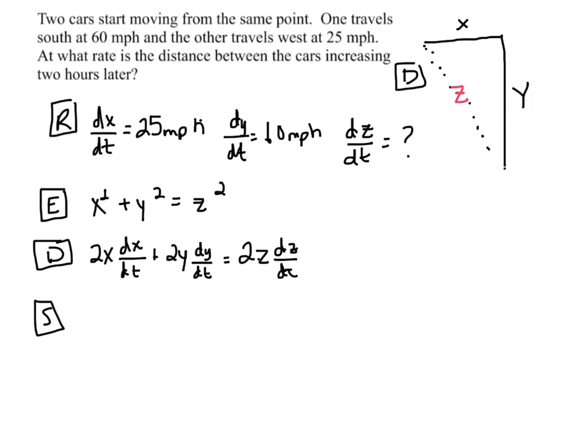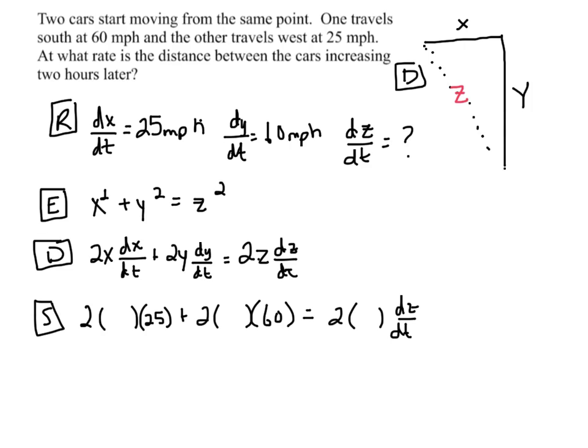Now, I don't know what x and y, or z are for that matter, so what I'm going to do, I'm just going to leave some parentheses here. I know dx dt is 25. Leave some parentheses for y. Dy dt is 60. I don't know z, I'm solving for dz dt.